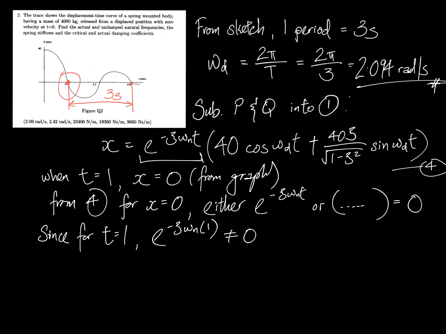Therefore, we need our terms in our bracket to be equals to 0. So since we need our terms in our bracket to be equals to 0, let's write the terms here.